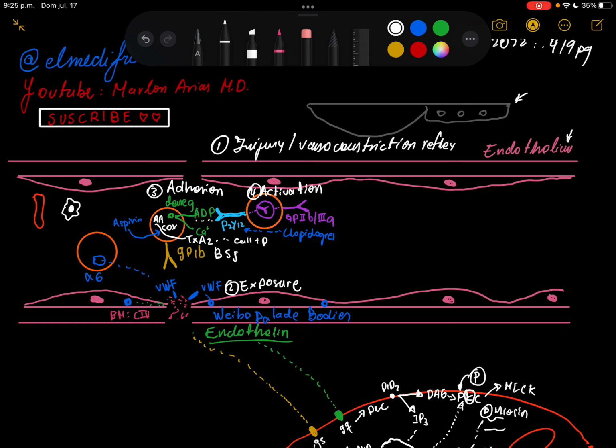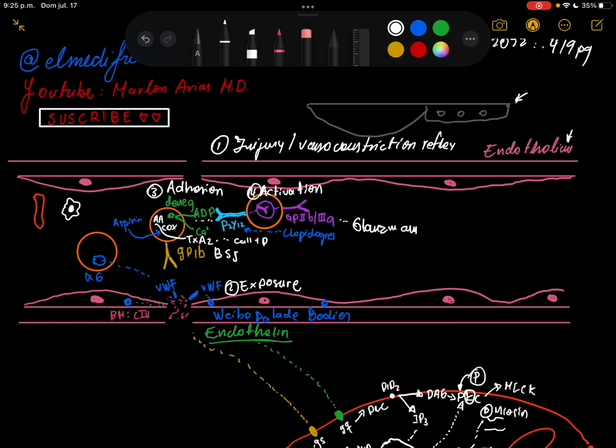Okay, a really important receptor, GP2B3A, because in the deficiency of this receptor we're going to have another disease that we're going to call Glanzmann. Okay, so as a reminder, Glanzmann is a deficiency in GP2B3A.